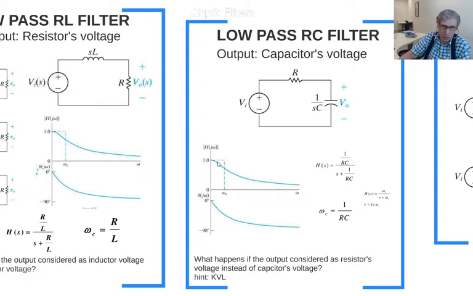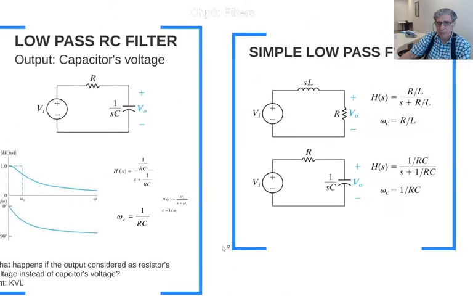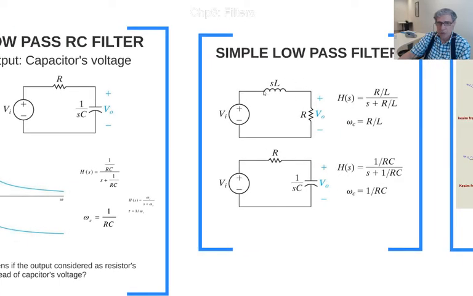You see this curve is very similar to the previous one, and it tells us this is a low pass filter. So this is the outline of those two low pass filters, with their transfer functions and cutoff frequencies.